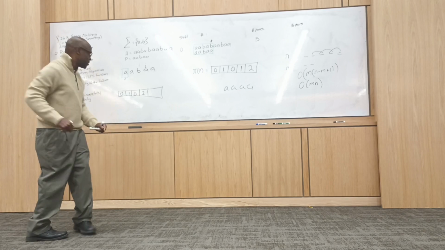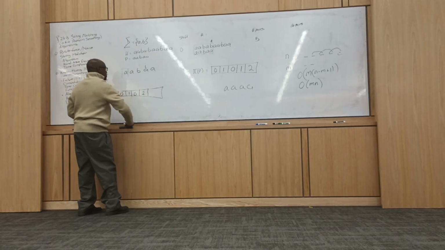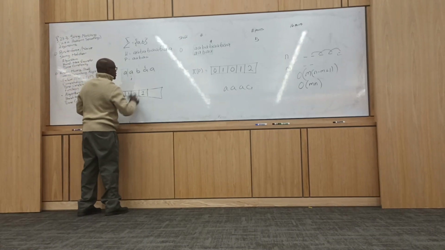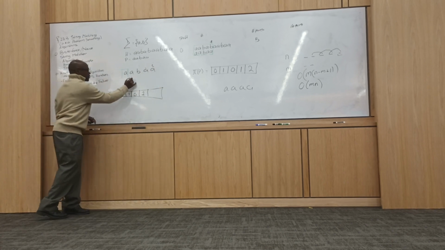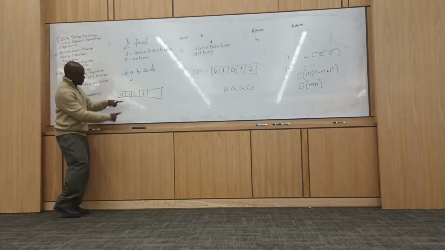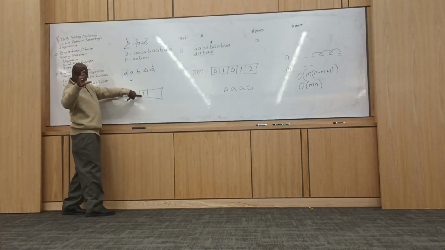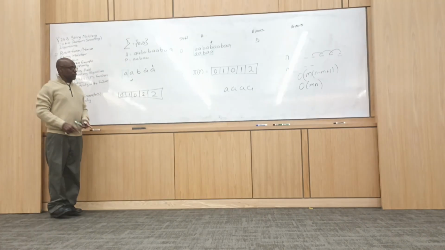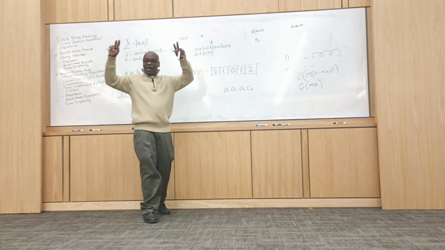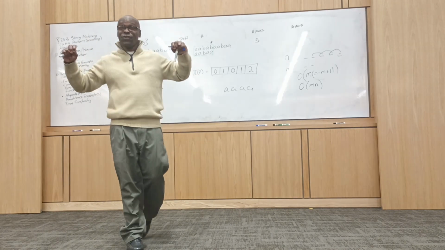Everyone gets that? So I advance j to this position, and i to this position. Do I have a match? Yes. That means the previous longest prefix that we knew can be extended by 1. This becomes 2, which is exactly what we did by just mindlessly doing it before.